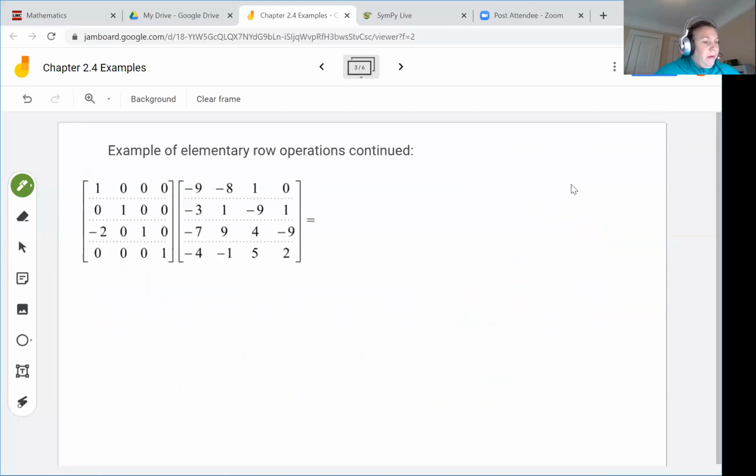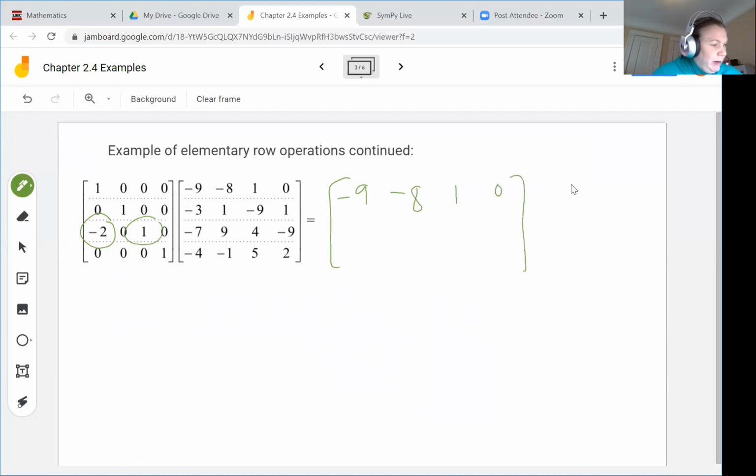All right, in this example, in row 3 we're going to get negative 2 times row 1 plus the original value of row 3. Let's take a look at how this multiplication works out. The first row remains unchanged. The first row remains negative 9, negative 8, 1, and 0.